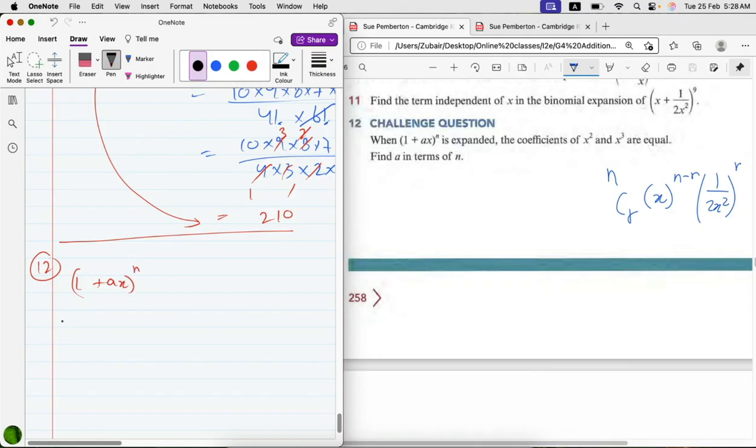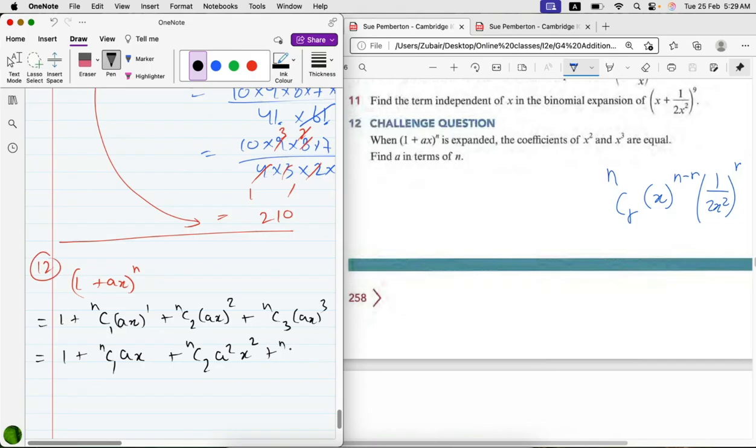When we expand this, we get 1 plus nC1 ax plus nC2 a squared x squared, and one more term, nC3 a cubed x cubed.